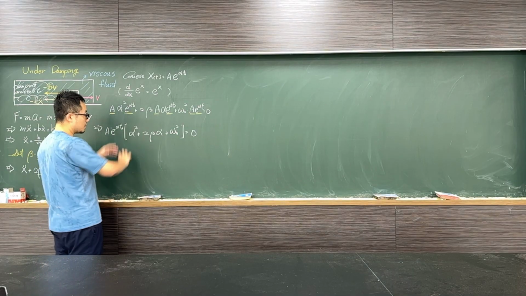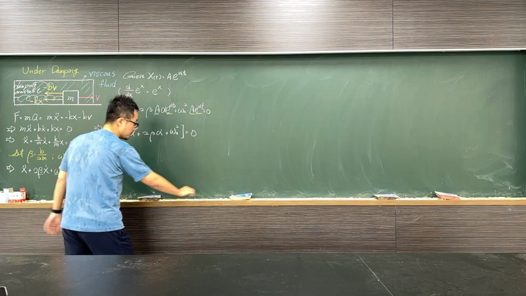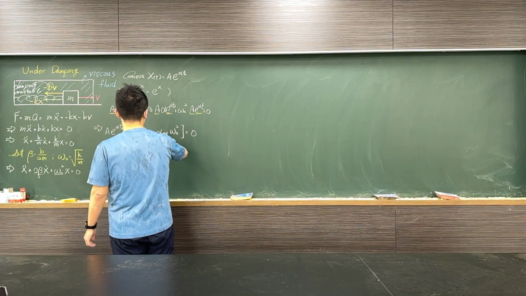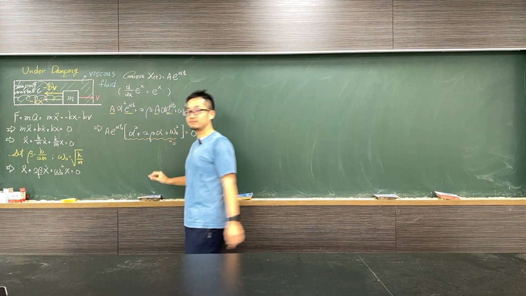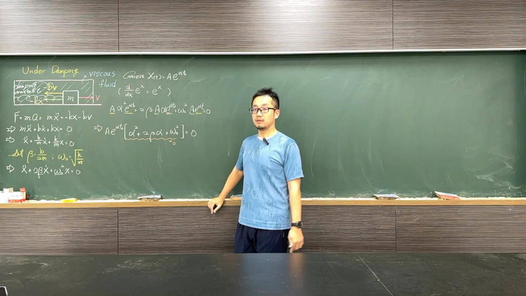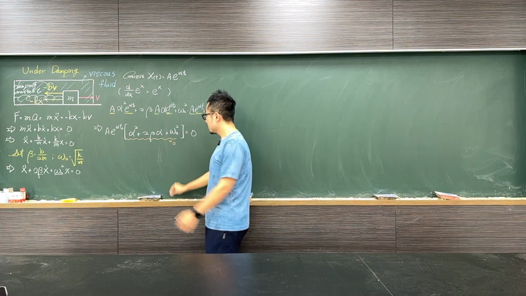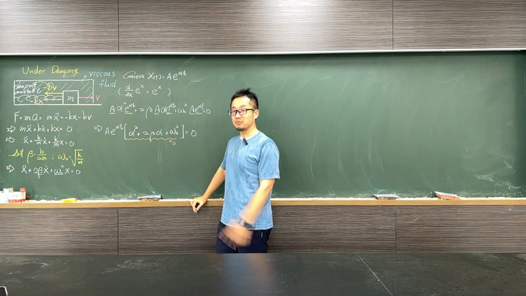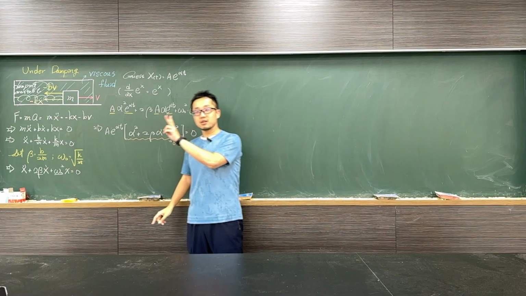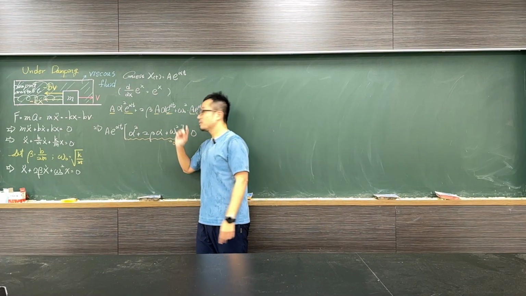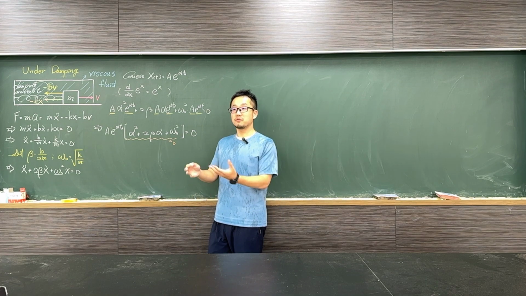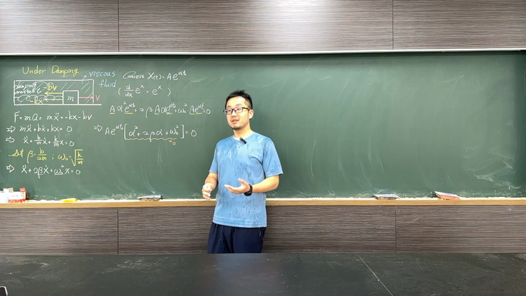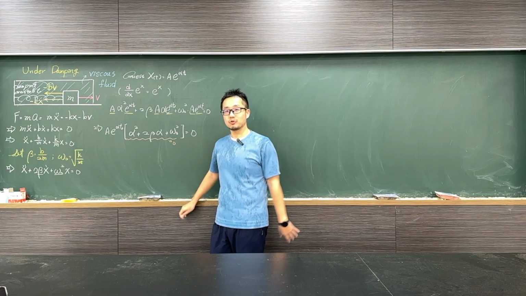So if you want all this to be 0, this bracket should be 0. And what is it? This is actually a quadratic equation with one variable. So you can use the formula you learned before, back when you were junior high school students.